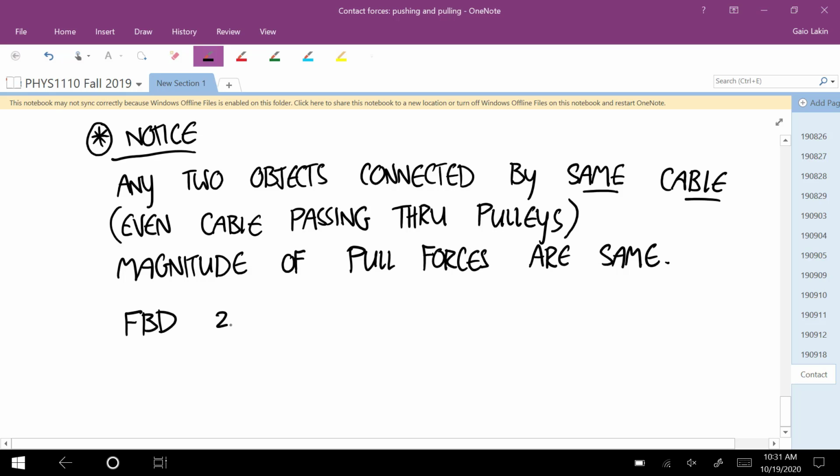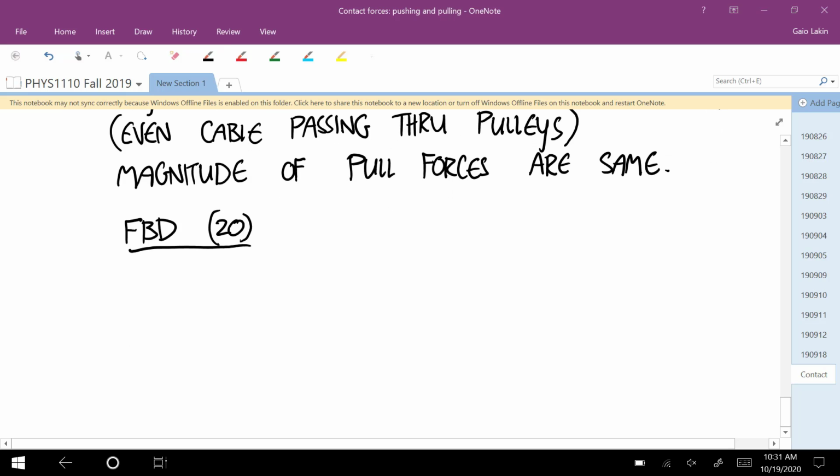So the free body diagram of the 20. We have the 196.2 there. We have the N20 there. And I'm going to call this force T.